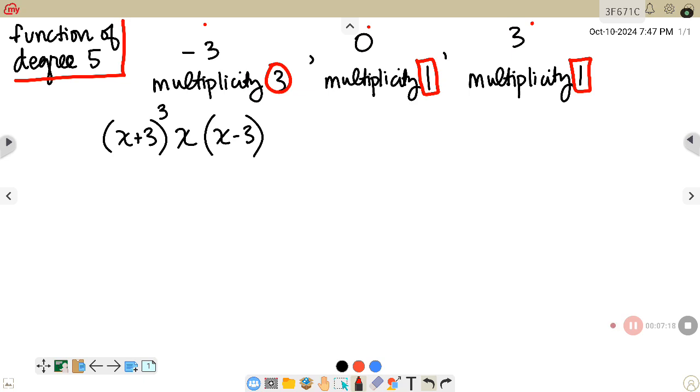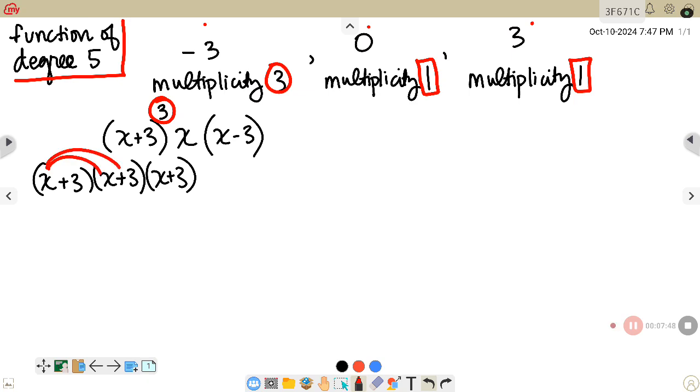x plus 3 to the third power means I need to multiply x plus 3 times itself and times itself again. And then I'll bring down the other factors of x and x minus 3. But for now, let's go ahead and multiply the x plus 3 times itself 3 times.